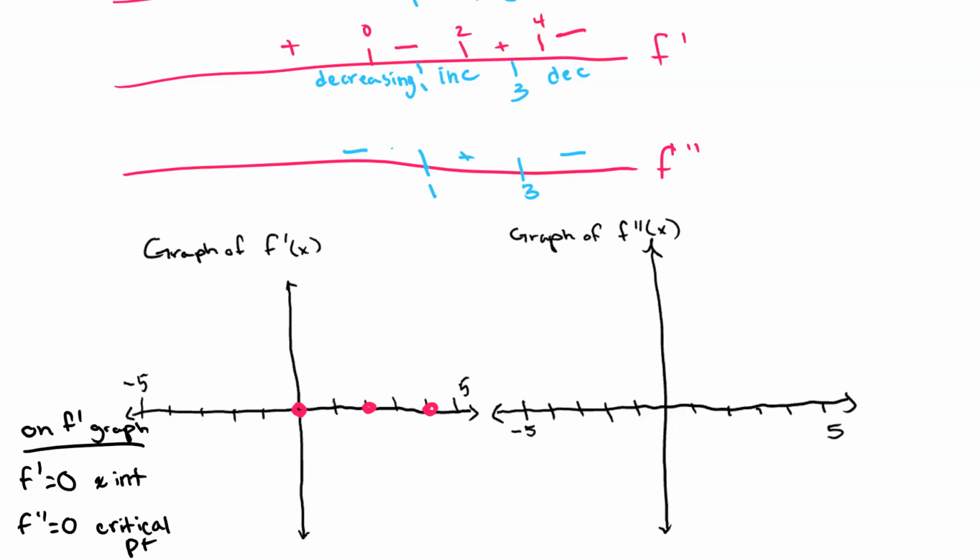So first, let's plot our f prime. We know to the left of 0 we're going to have positive, so we're going to have something up here. We know to the right of 0 we're going to have negative, and at 2 we're going to change to positive. I'm looking at the values of my first derivative, so these top ones here.